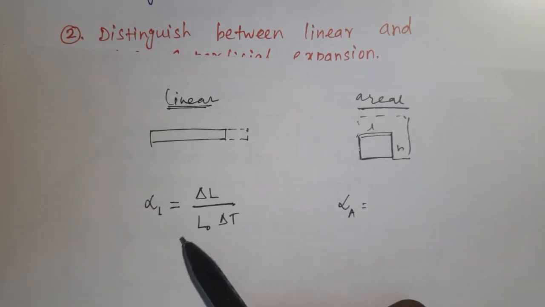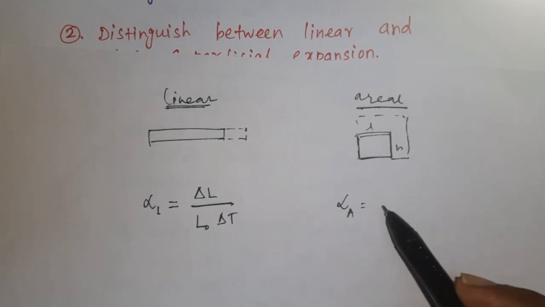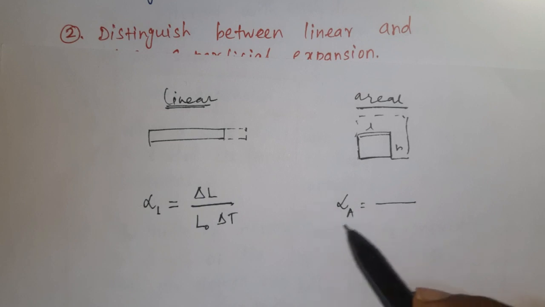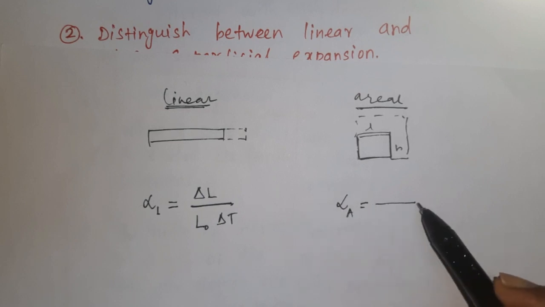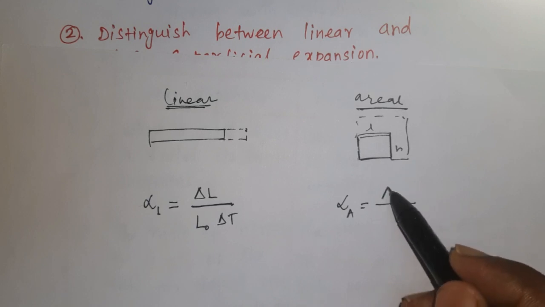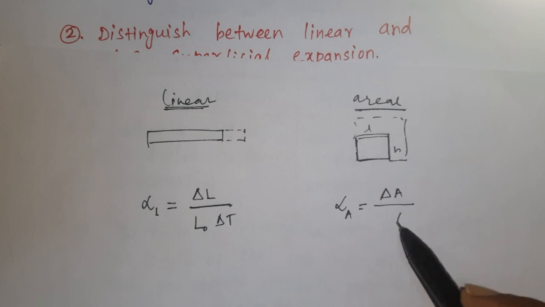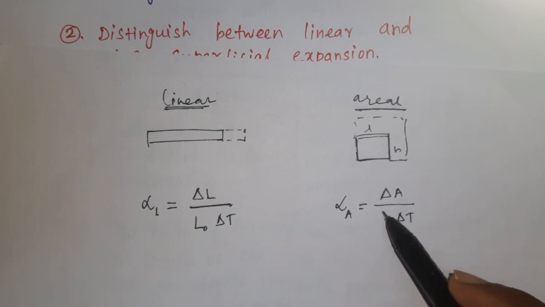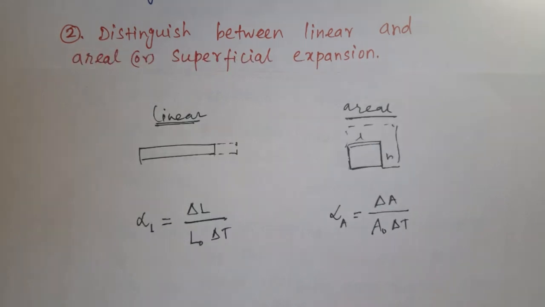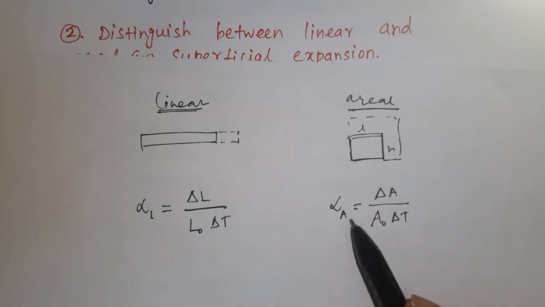Instead of linear, we use areal or superficial expansion. The coefficient of superficial expansion is defined as the ratio of increase in area per degree rise in temperature to its unit area. This is the coefficient of superficial expansion or areal expansion.